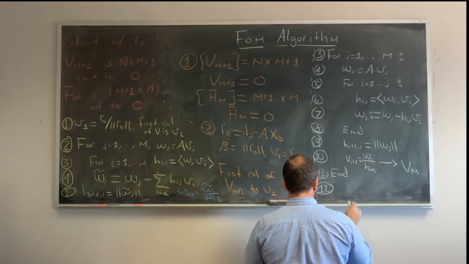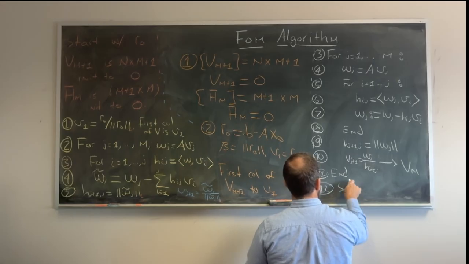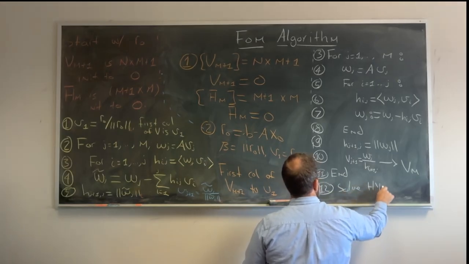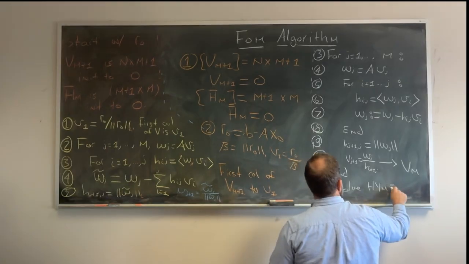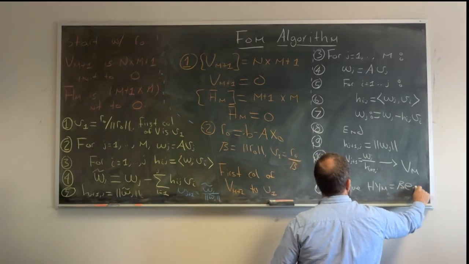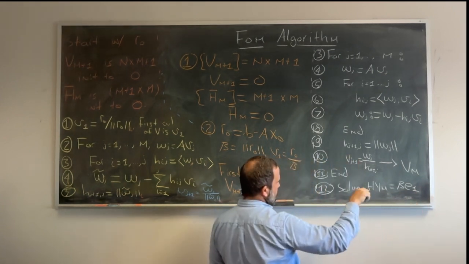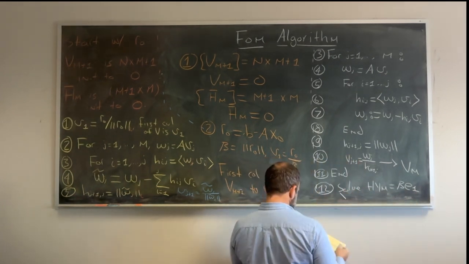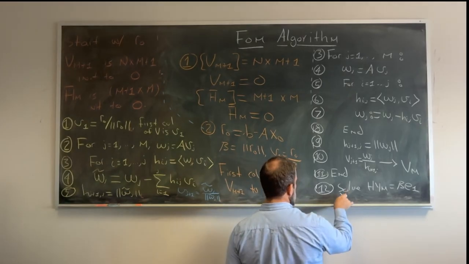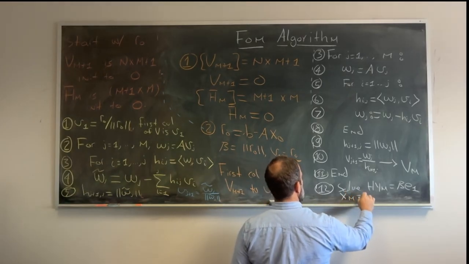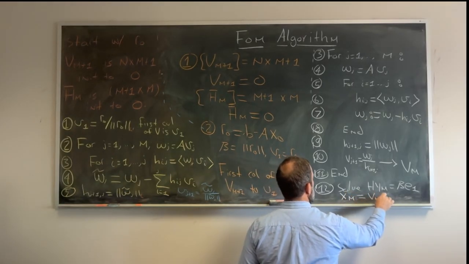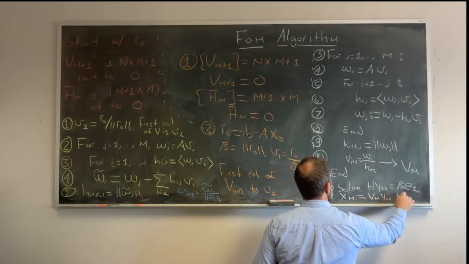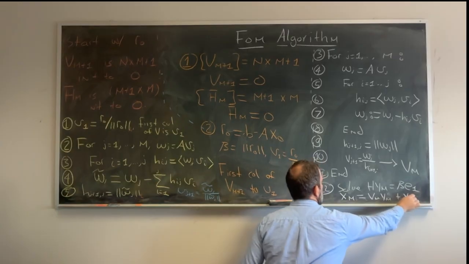And then in step 12, we're going to solve H ym equals beta e1, and then return xm equals Vm ym plus x0.